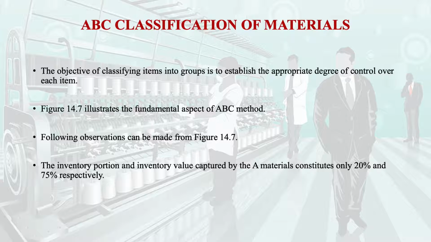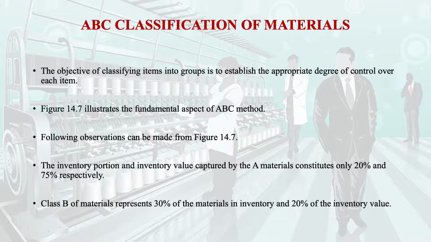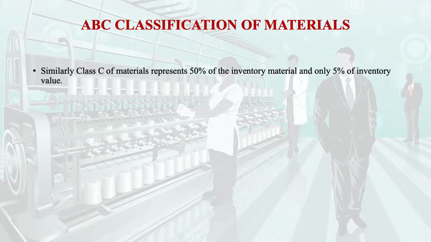That means by quantity they are lower, but by usage value they are on a higher side. Class B of the material represents 30% of the inventory and 20% of the inventory value. If we talk about class C, they represent 50% of the inventory material and only 5% of inventory value.